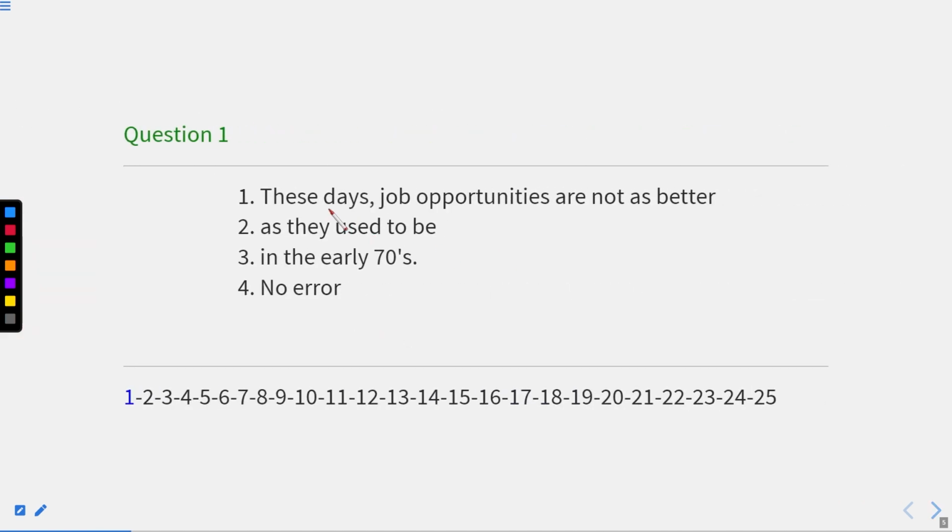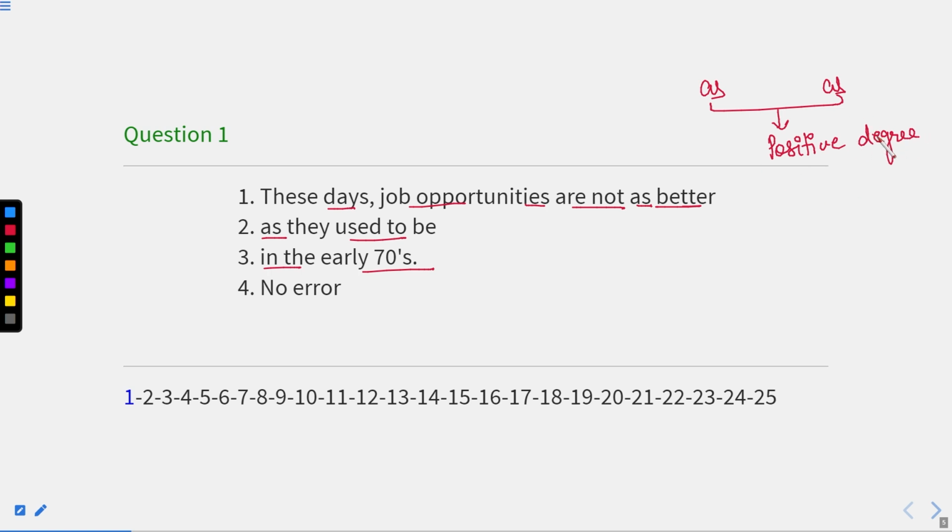Question number 1 is: these days job opportunities are not as better as they used to be in the early 70s. Now, whenever we use as and as, we use this structure with the positive degree of adjective. As and as can only be used in case of the positive degree of adjective. So this is an error from the degree of comparison.